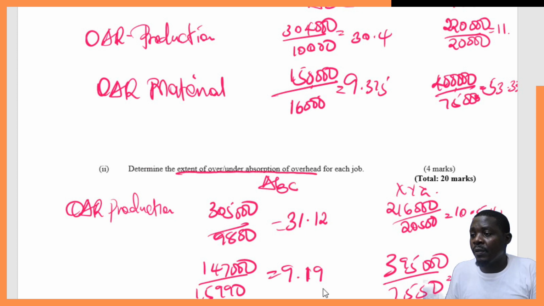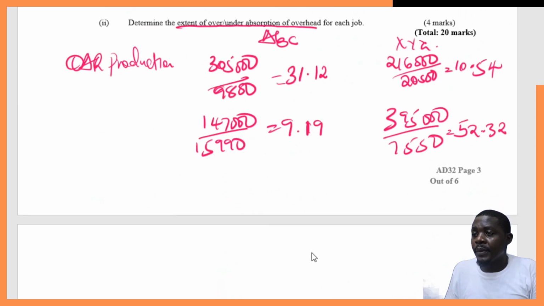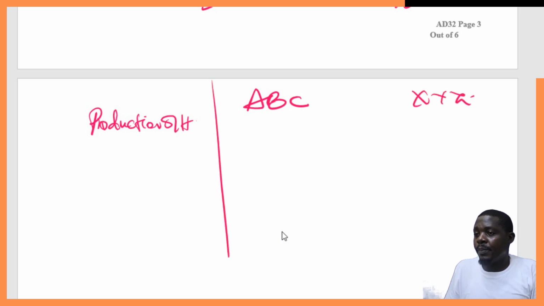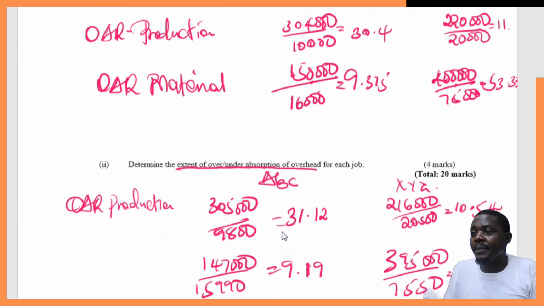Now we can have here number 1. Let me say that it is the production overhead for ABC, and then we have XYZ. Production overhead at the beginning was 30.4.